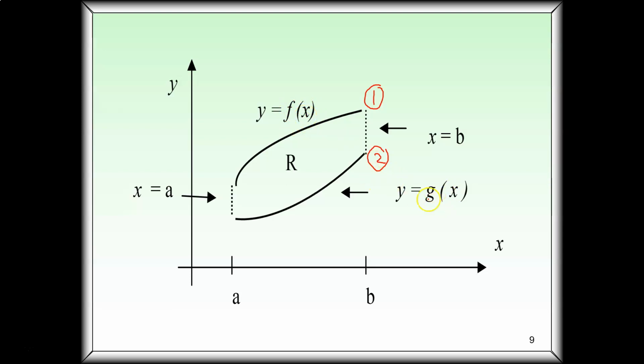And the second one, y equal to g(x). It might be y equal to x squared plus 1. This one might be y equal to negative x plus 2, and so on. Okay, so always the top curve minus the bottom curve, because the top is larger than the bottom. So the formula will be the top y minus the bottom y.